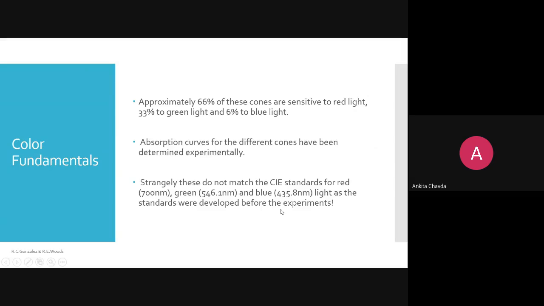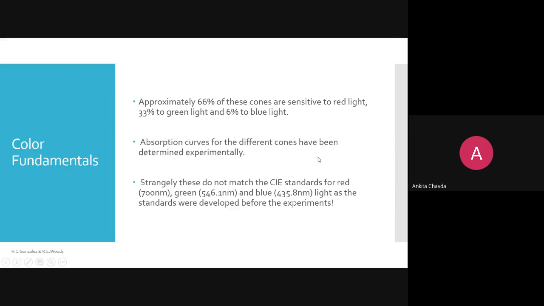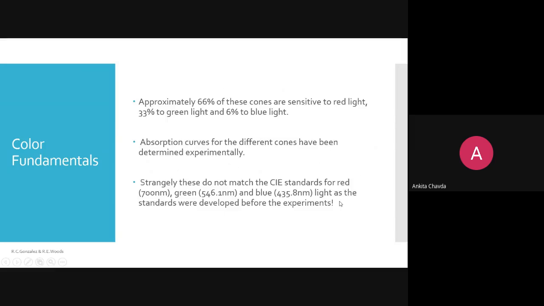So experiments are saying some different wavelength and the book is saying a different wavelength, right? For red, they are saying 700 nm, but it's actually 575 nm, right? For red, it should actually be over here, this red color. So the CIE standards and these experiments are both saying different things.